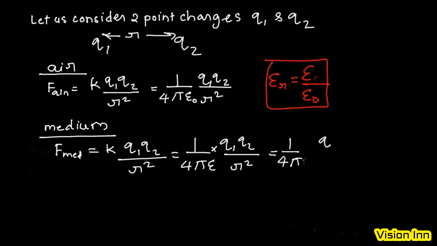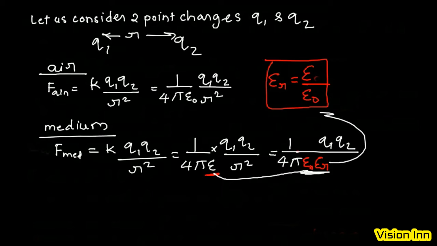Okay, so what will happen? Epsilon here will become epsilon naught, that is the permittivity of free space, into relative permittivity, Q1 Q2. This becomes this because of this formula.